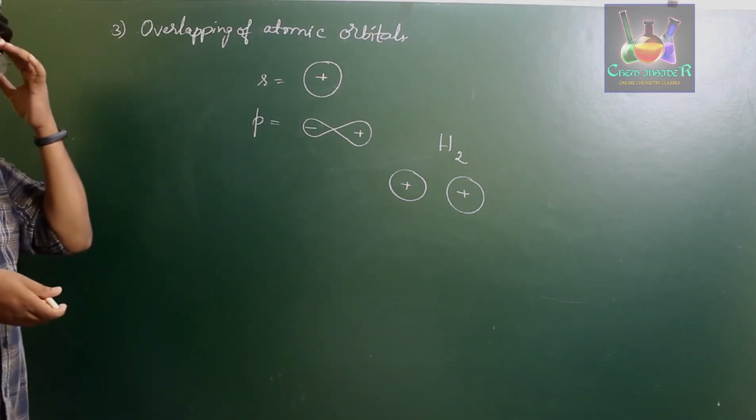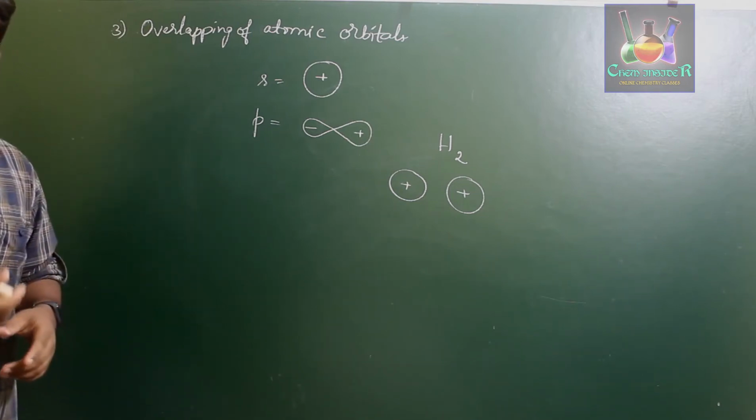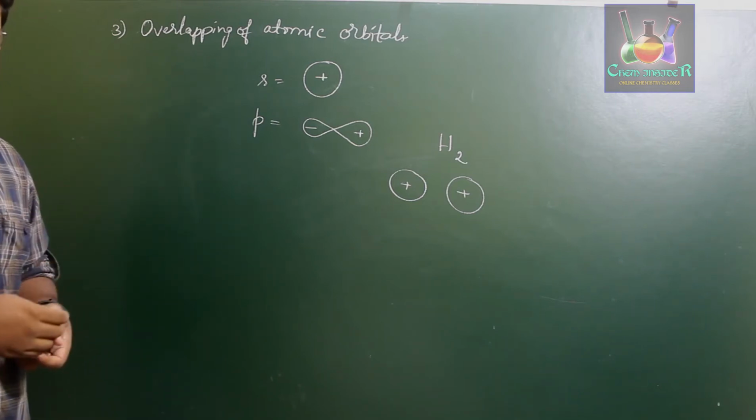Whenever a bond has to be formed, orbitals have to overlap in a particular direction, as discussed in the second point, since they have a particular directional property.